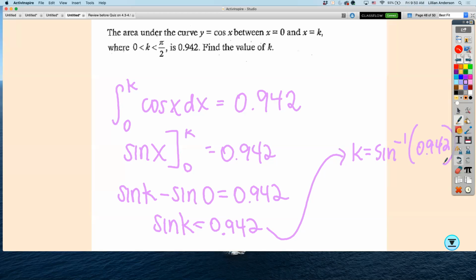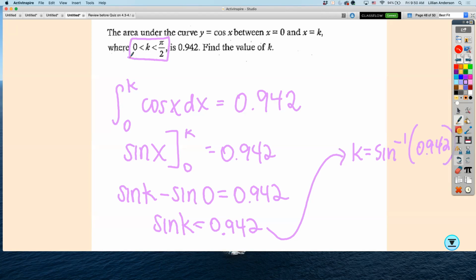Am I in degree or do I need to be in radian mode when I do the inverse? What tells you that it should be in radian? Besides the answer, the range right here. It's in radian, so you want to make sure that you are in radian, okay?